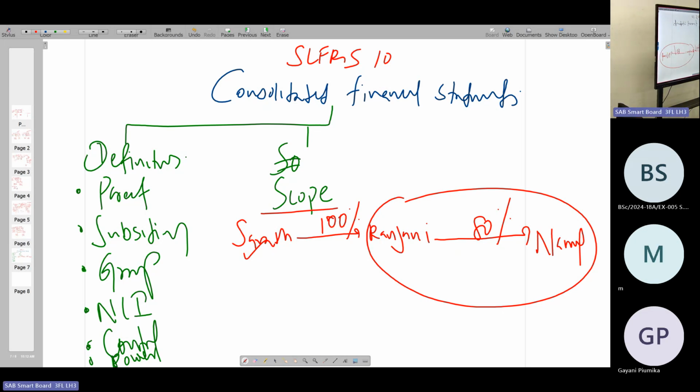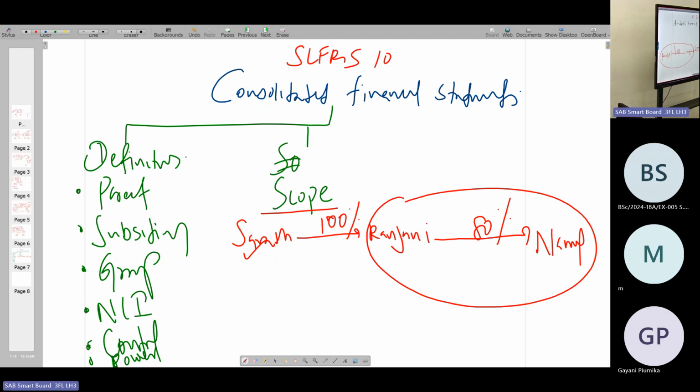Then, can Sarat escape from the preparation of consolidated financial statements? Can Sarat escape? Cannot. Sarat is the ultimate parent. Who is Ranjani?